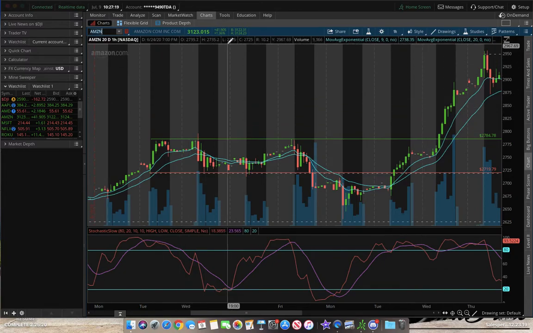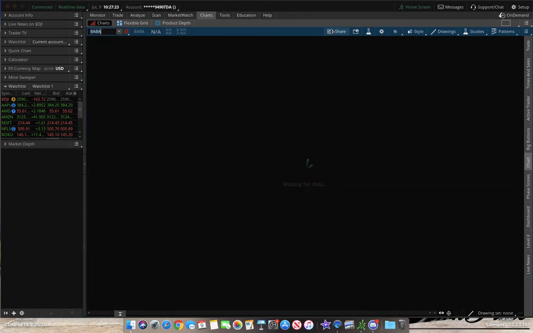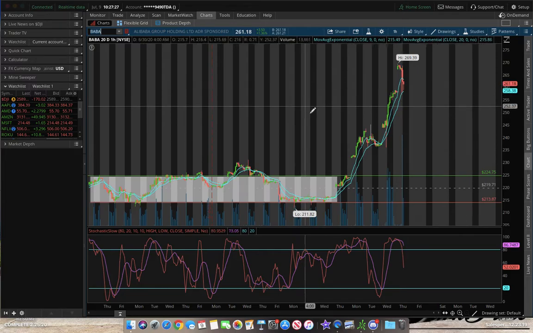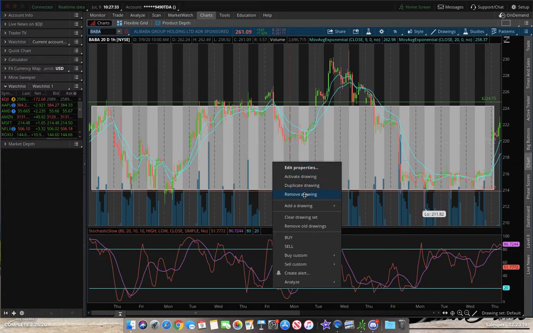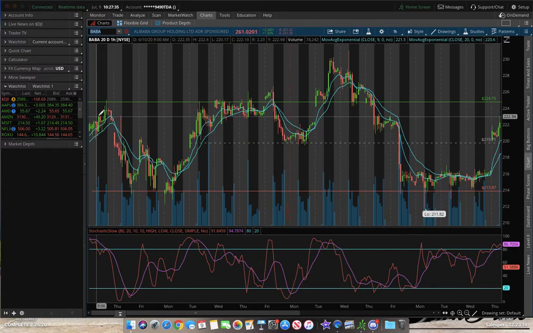Another example I want to show you guys is Alibaba. There's another kind of range I want to talk about right here. So overall support and resistance lines right here. Resistance, support.